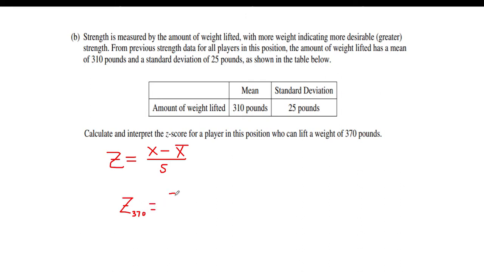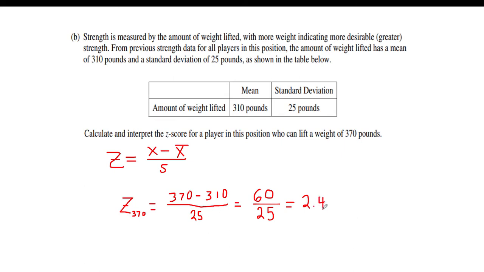So I'm going to do 370 minus the 310. I already know that that's 60 pounds above, a positive number. And then I'm going to standardize it with my standard deviation of 25. So this is going to put us in units of standard deviations. And with some quick calculation, I believe that's 2.4.